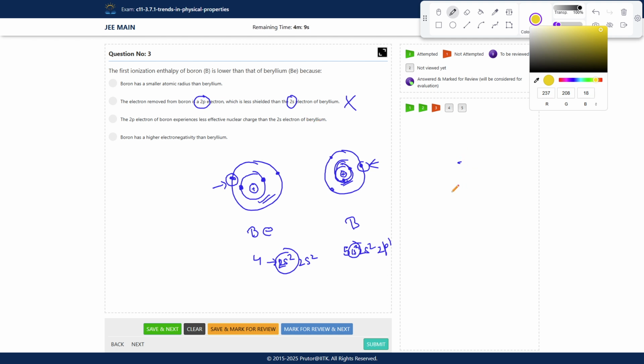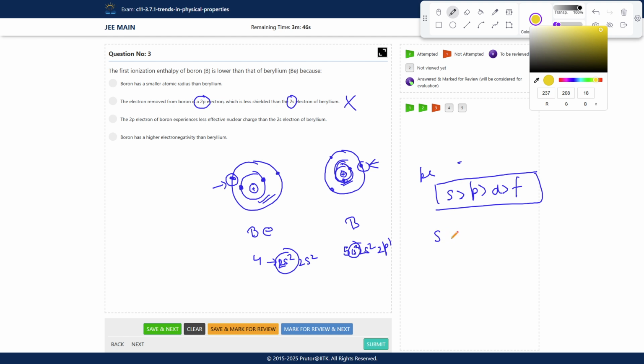We have already seen s, p, d and f. In the case of NCERT, you not only need to learn the concept, you must also understand how to apply it. The application part is very important. This is the penetration effect, the order of penetration effect, you know it.